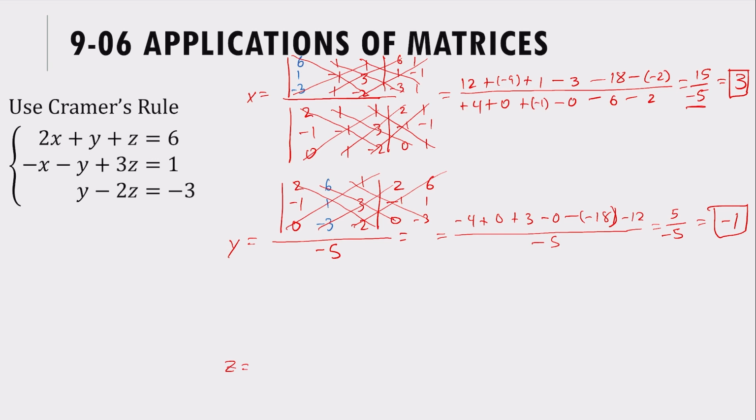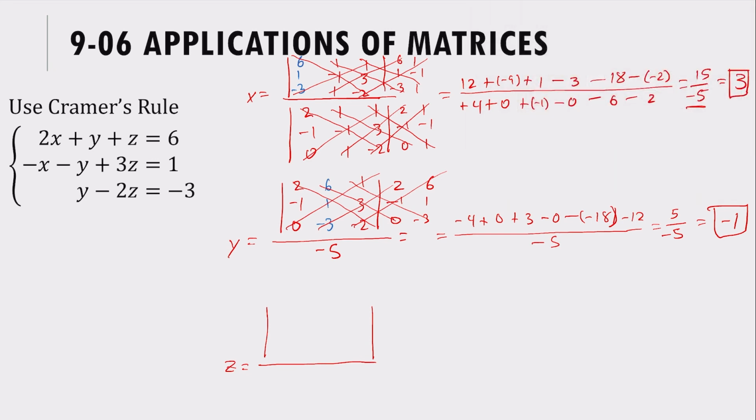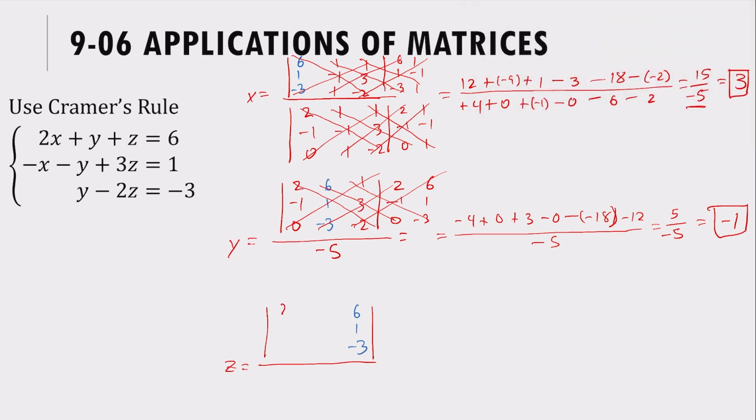Let's do the z. This time, the z column is the constants, and the x and y columns are still the coefficients.